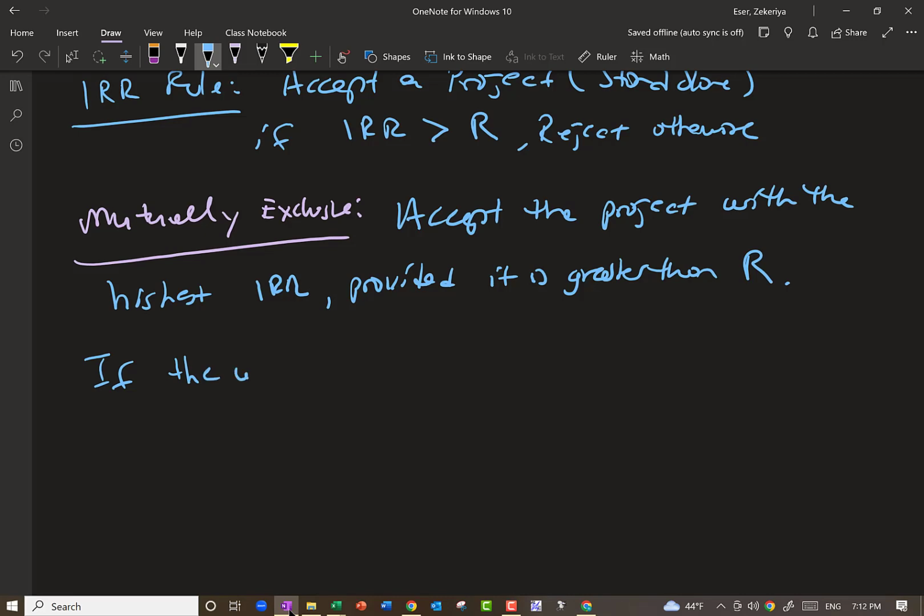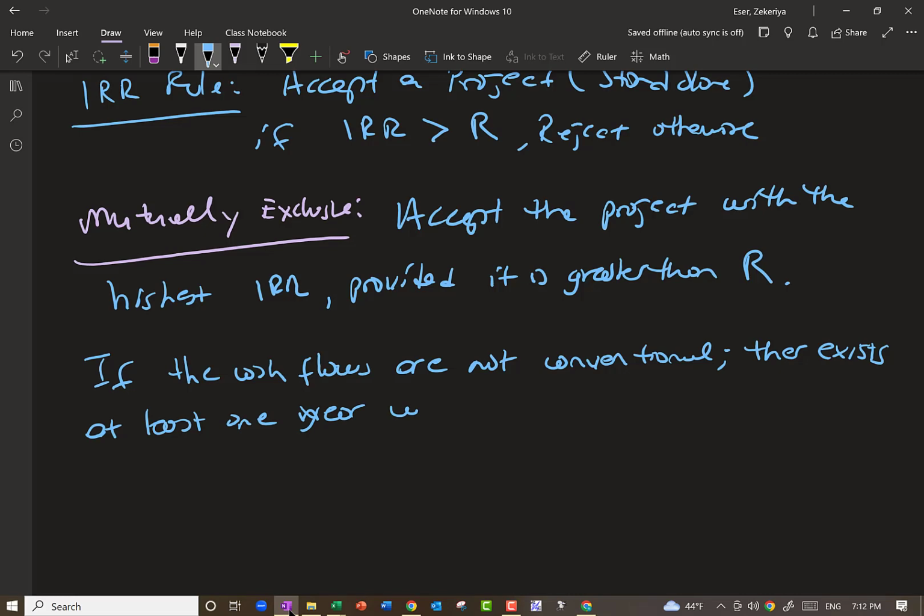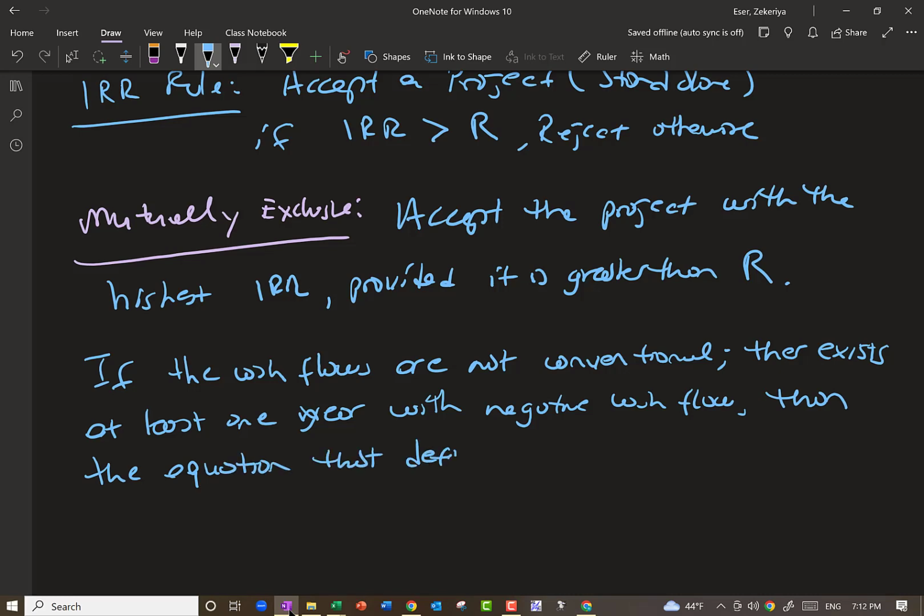If the cash flows are not conventional, which means there exists at least one year with negative cash flow, the equation that defines IRR typically has multiple solutions, multiple real valued solutions.